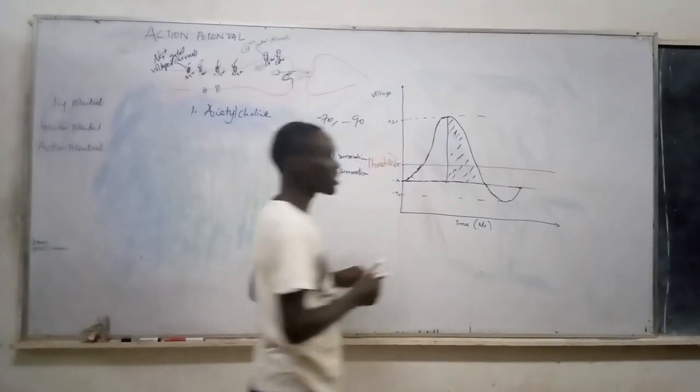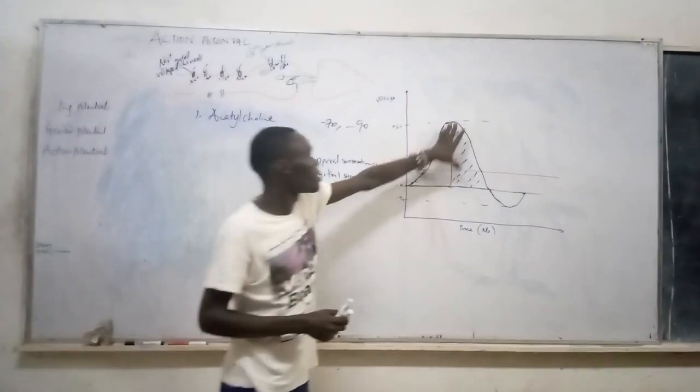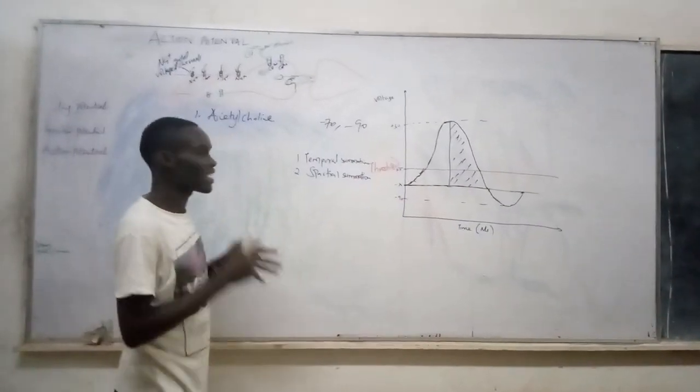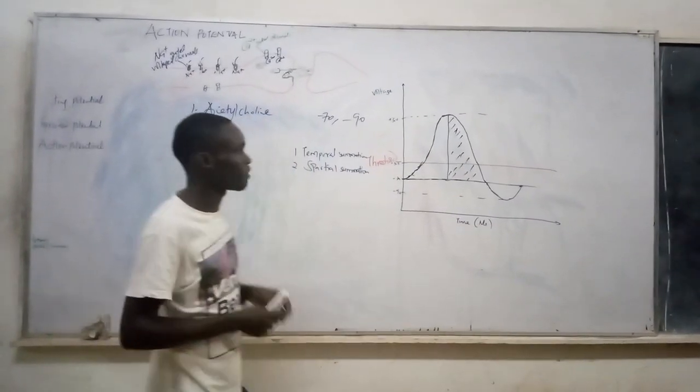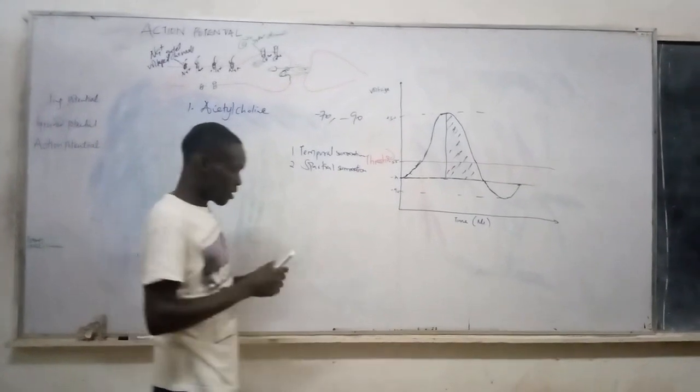Since the membrane can no longer be stimulated regardless of the strength of the signal, we call this the absolute refractory period.